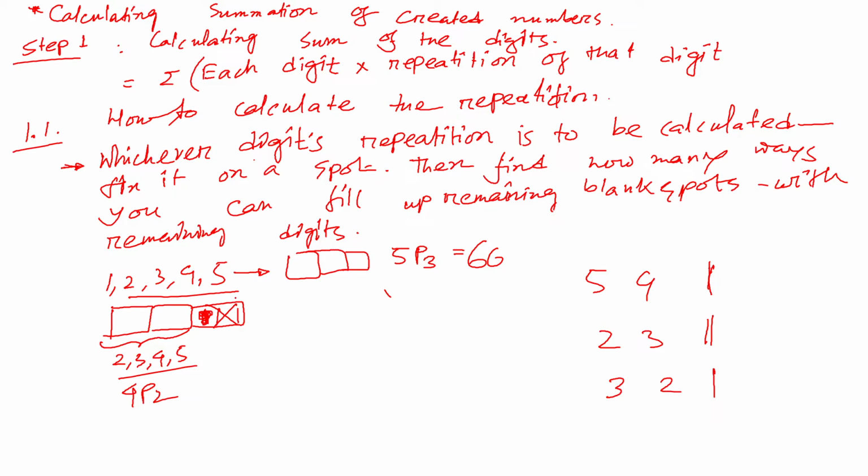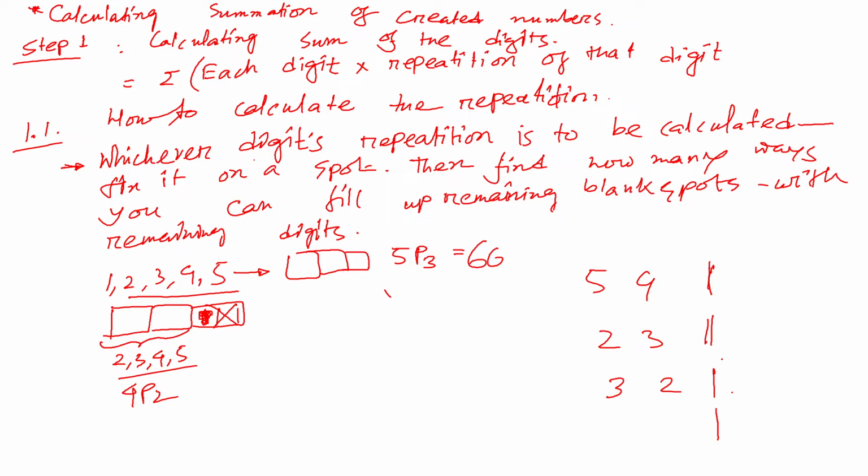And what does this repetition mean? The 1 will keep on getting repeated at the last box, and we will keep on orienting the numbers in the first 2 spots. That is why we are calling it a repetition.